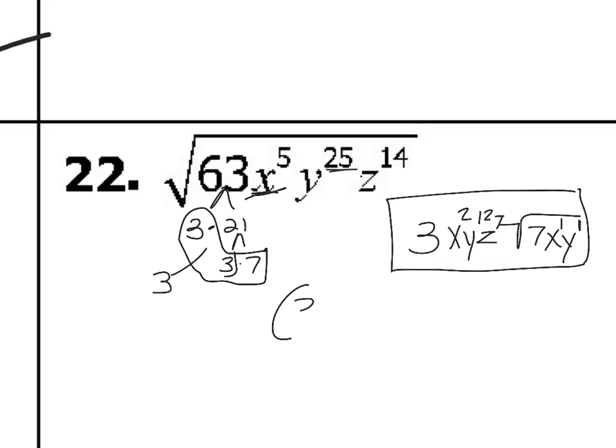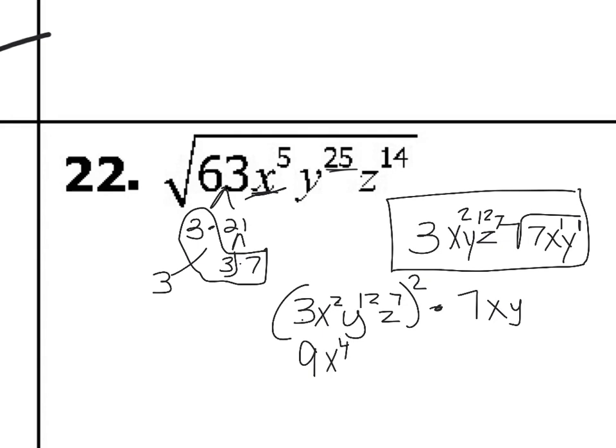So on the outside, we have this. So let's square it, times our inside. So this 3 squared would be 9. x squared squared would be x to the 4th. y to the 12 squared would be y to the 24. And z to the 7th squared would be z to the 14.